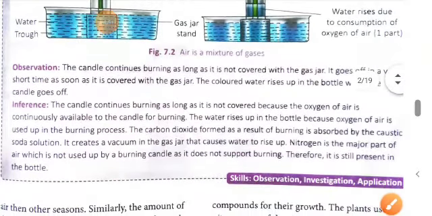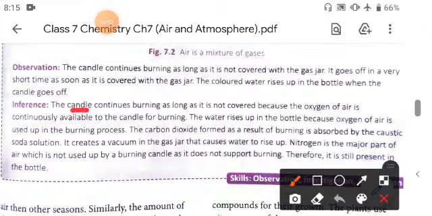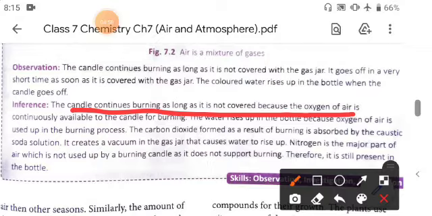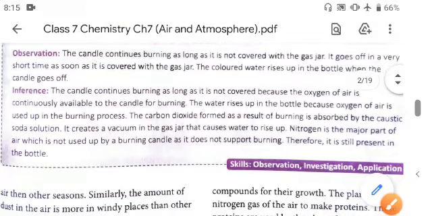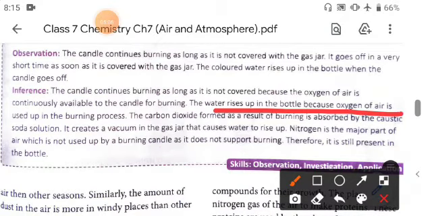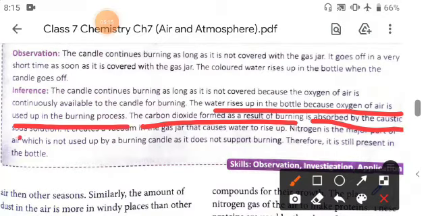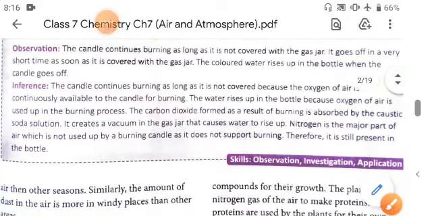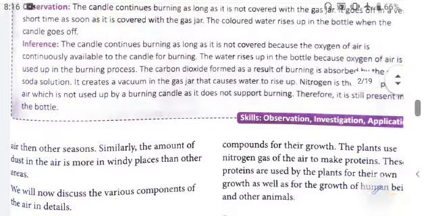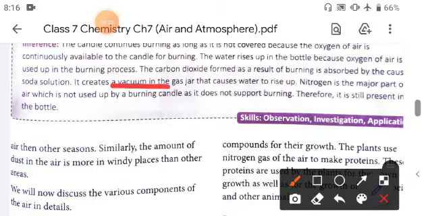So what is the inference? The candle continues burning as long as it is not covered, because the oxygen of air is continuously available to the candle for burning. The water rises up in the bottle because oxygen of air is used in the burning process, and the carbon dioxide formed as a result of burning is absorbed by the caustic soda solution, and then it creates a vacuum in the gas jar that causes water to rise up.